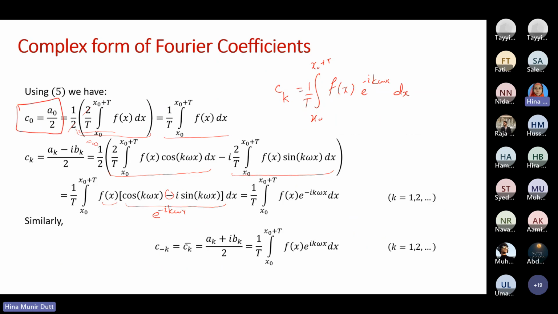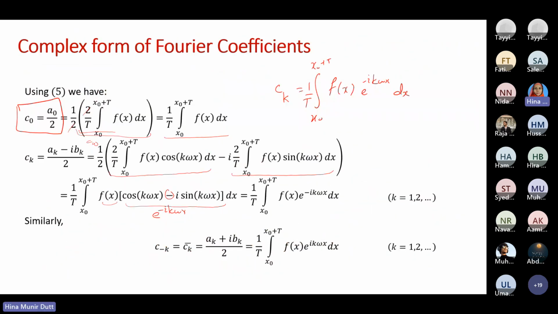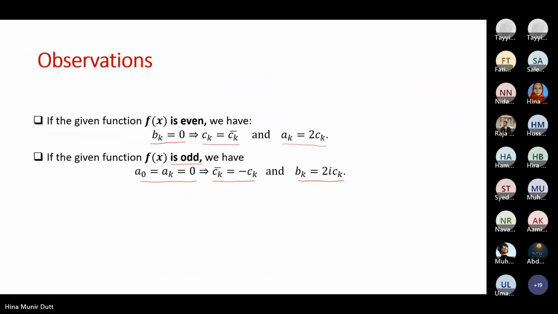So a naught is equal to 2 times c naught. So 2 times 2 over 5, which is 4 over 5. And what is ak? If ck is purely real, then ak is equal to 2 times ck and bk will then be 0.